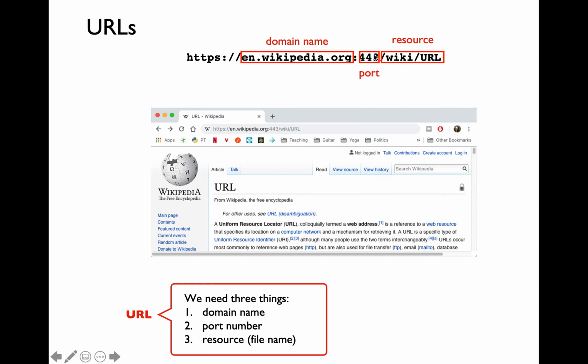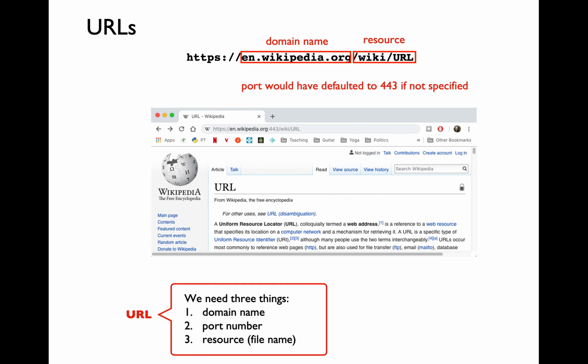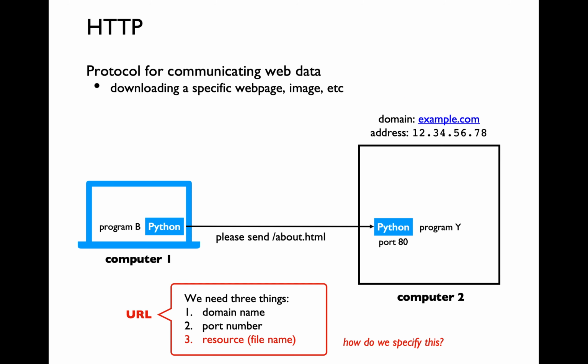And then you have the remote resource, which is nothing but /wiki/URL. The port specification is optional because by default HTTPS refers to port 443. That's why you'll not see a reference to port numbers that often on the internet.